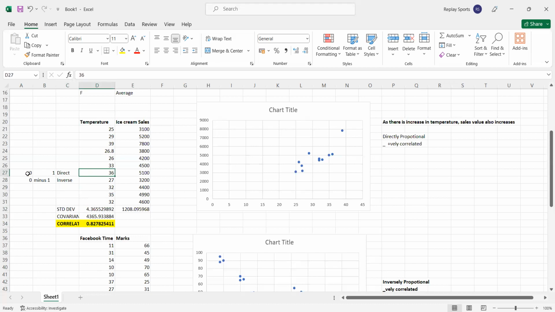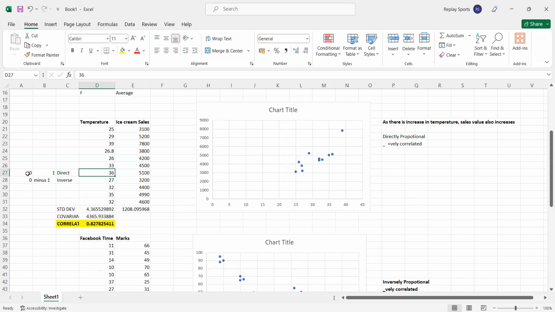The minus sign will tell you whether it is positive or negative. Correlation value will always be between -1 and 1 only. It cannot be more than 1, it cannot be less than -1. If you remove the sign, it is between 0 and 1, where closer to 1 indicates strong correlation.